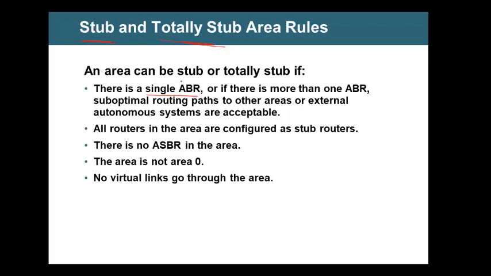Or, in case you have more than one, suboptimal paths to the other area or external autonomous systems are accepted. Meaning, if you have more than one ABR between two areas, or more than one ASBR, only one should be active, the other should be standby.